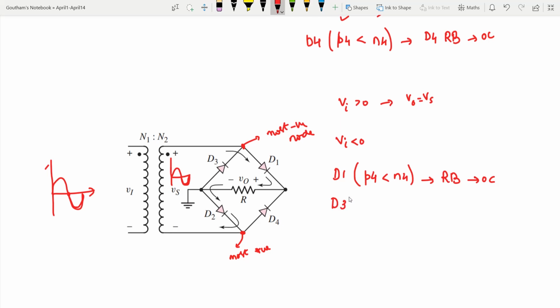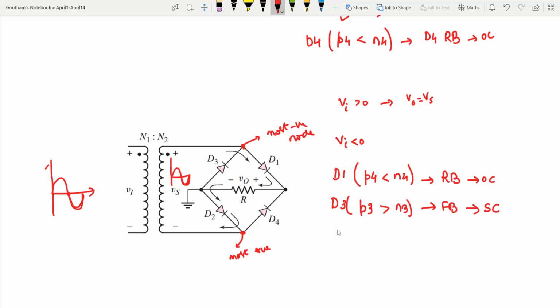What is happening to D3? The N side of D3 is connected to the most negative voltage and P is connected to ground. So P3 is of course 0. Ground means 0, and it will be greater than a negative voltage. So P3 is greater than N3. That means diode D3 is forward biased, so it will be replaced by a short circuit.